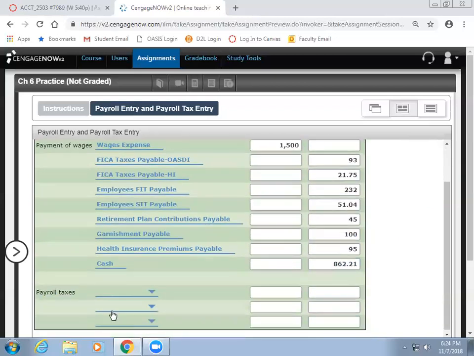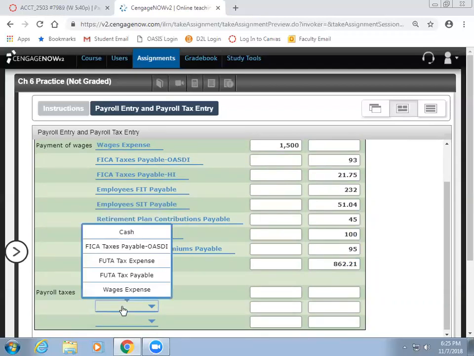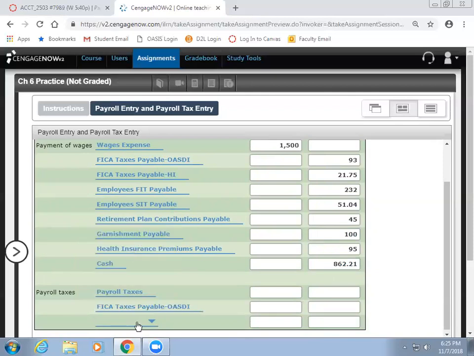And then the payroll taxes, well, as we talked about, he's already earned $31,500. So he's already paid in all his federal and state unemployment. So he only owes payroll taxes for both OASDI and Medicare. So payroll taxes, we're going to also be FICA taxes payable OASDI and the Medicare.